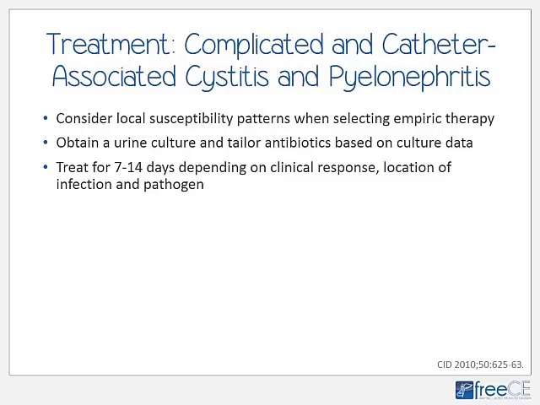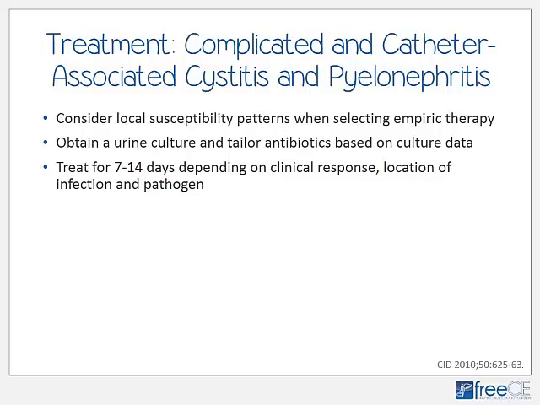So duration for a complicated or catheter-associated urinary tract infection needs to be probably at least 7 days, depending on the clinical response. And if someone's not responding quickly, you may consider going to more of a 10 or 14-day course. So at least 7 days, 10 to 14, depending on clinical response, as well as the location of the infection and the pathogen.